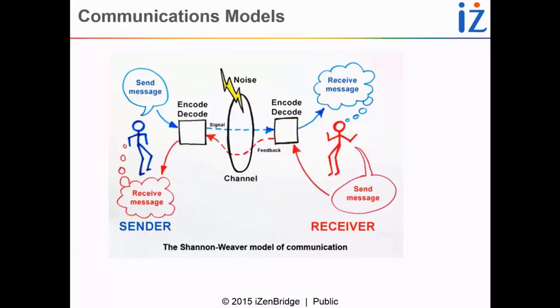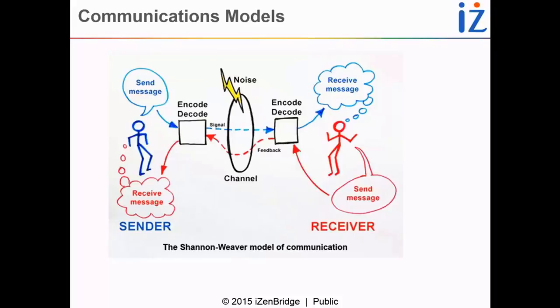Different cultures have a different way of thinking, so they may interpret your messages through that filter. So there are many different reasons and many factors that make up this noise. And the best way to overcome this noise is really to encourage feedback.